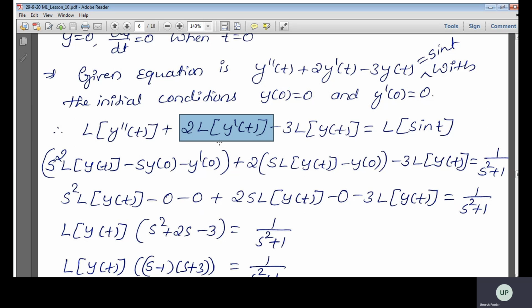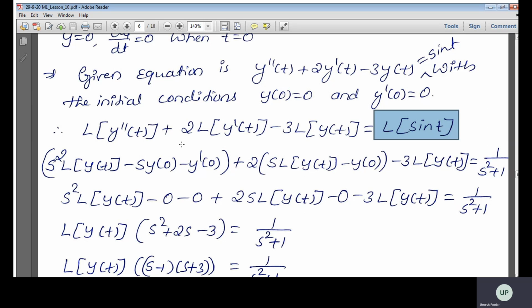Similarly here 2 is outside. Formula for L of y dash of t is s into L of y of t minus y of 0, minus 3 into this L of y of t as it is, because it is not in derivative. Right hand side, L of sine t is there. Laplace transform of sine t is 1 divided by s square plus 1.